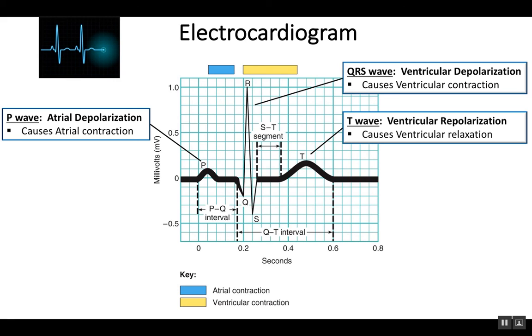All right, so it goes back to a negative charged interior. And repolarization happens after every depolarization. Now you only see on an ECG the ventricular repolarization. The atria repolarize during the QRS. But since the ventricles are so much bigger, you see that and you don't see the atria repolarizing.